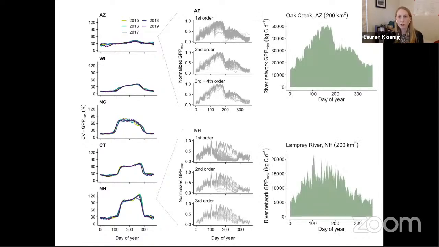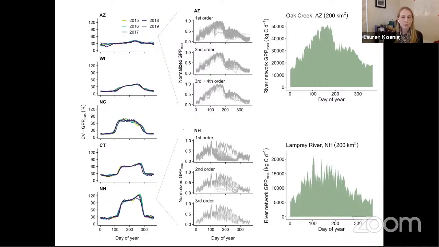And so these two watersheds converge on similar annual productivity dynamics, but for different reasons. In the case of Oak Creek, we're looking at synchronous fluctuations in light and GPP max. In comparison, in this watershed in New Hampshire, asynchronous activity and heterogeneity is really resulting in a similar pattern.